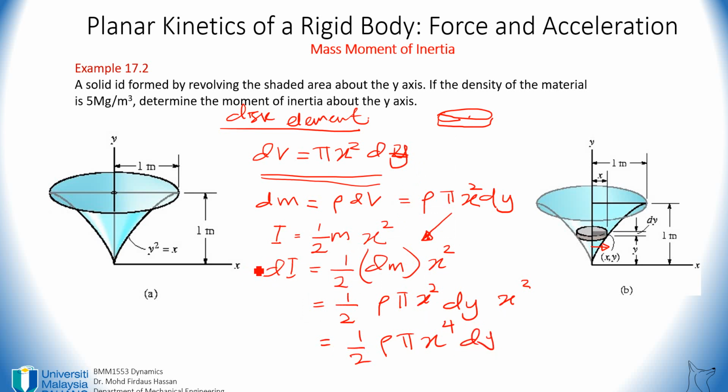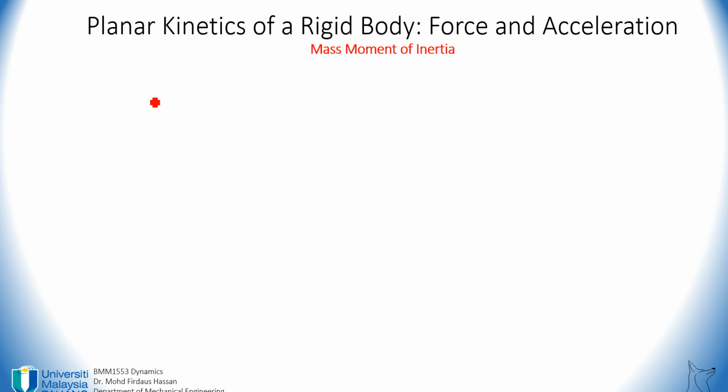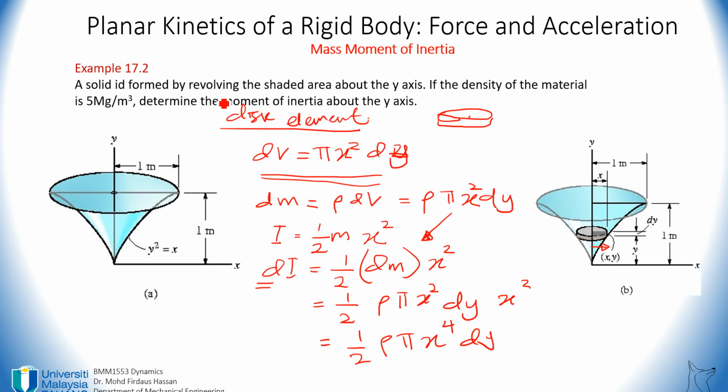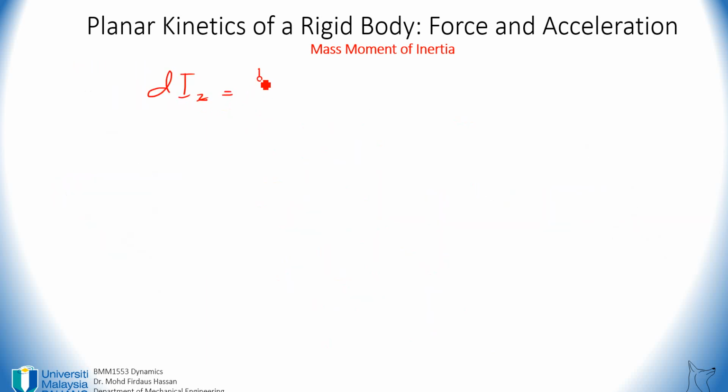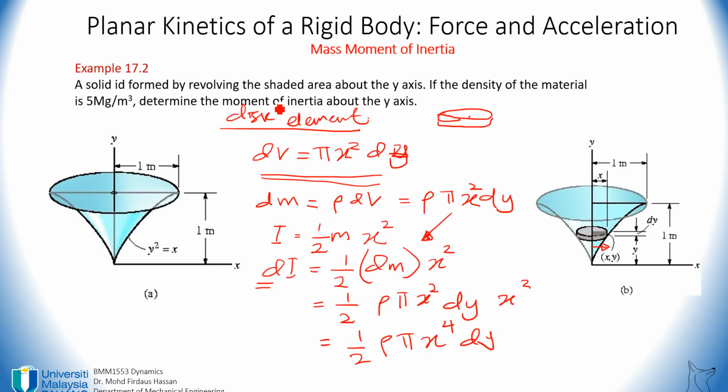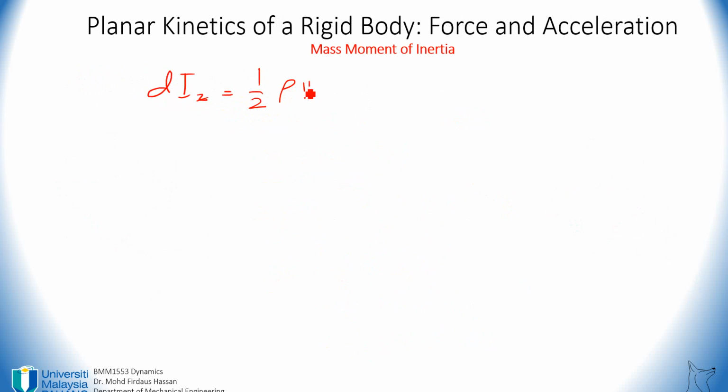But this term is still in terms of the changes, d. So what you can do is integrate both sides. I write it again here: dIz is equal to half rho pi x to the power of 4 dy.